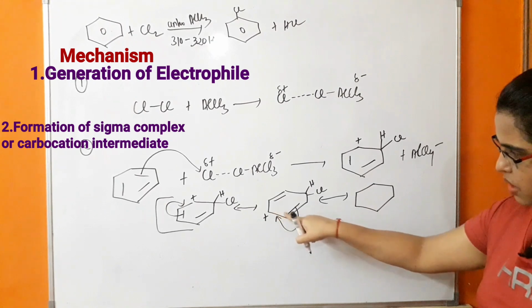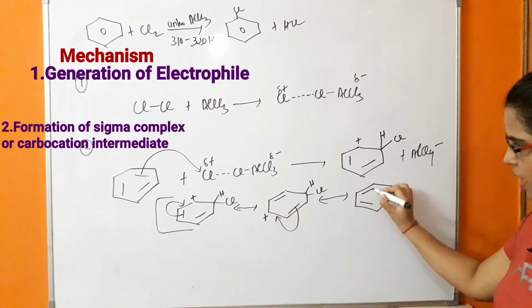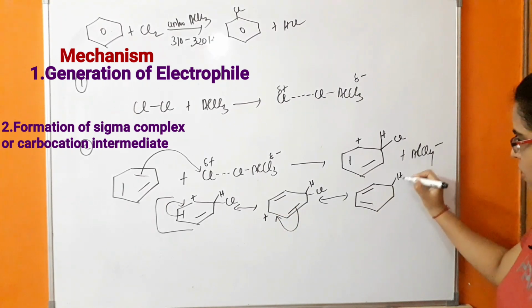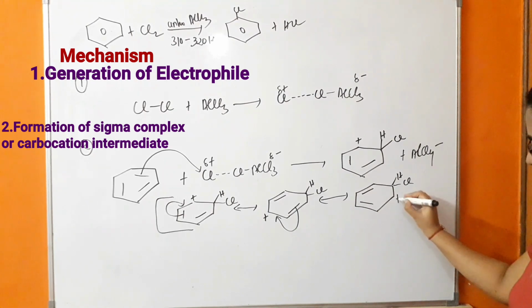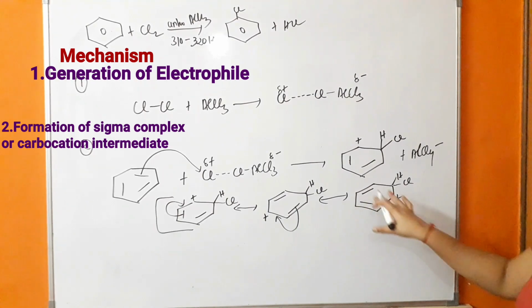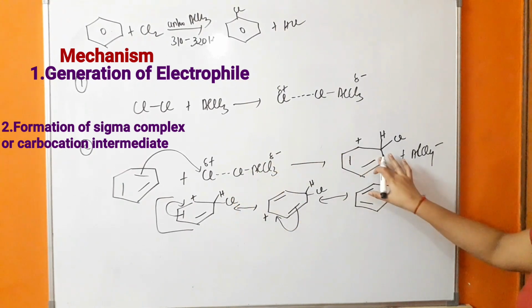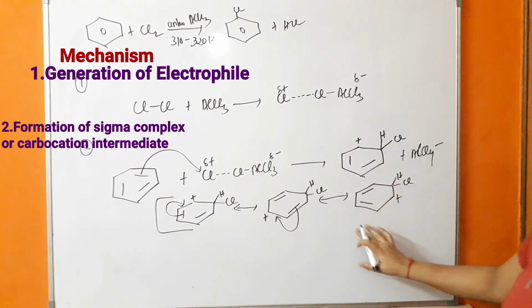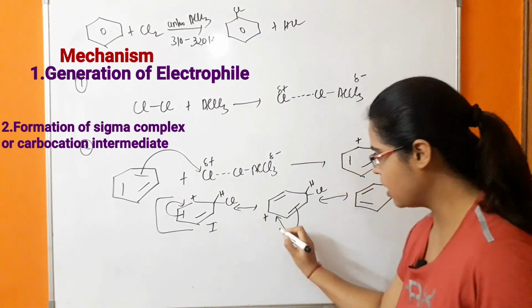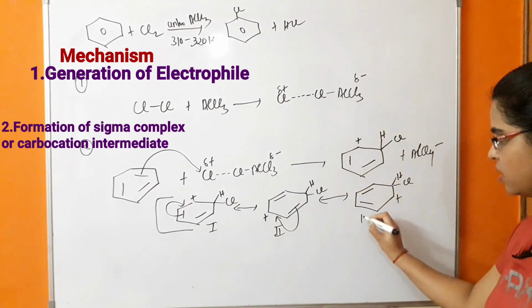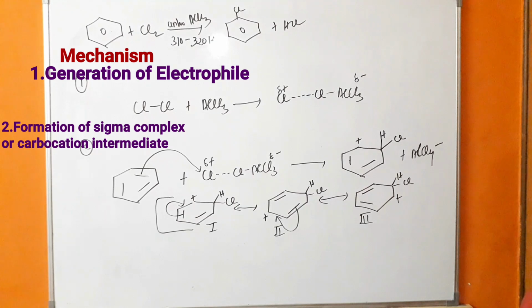The pi bond is coming in this position, one pi bond at this position, and positive charge is coming on this position. So there is resonance stabilization of this sigma complex taking place, in which three canonical structures are formed. So there are three canonical structures.